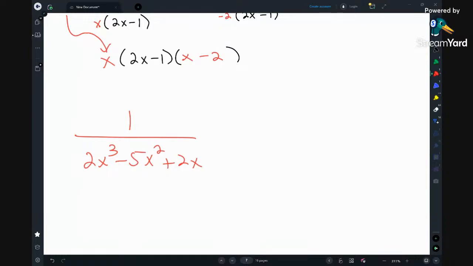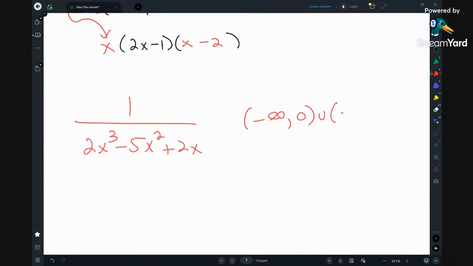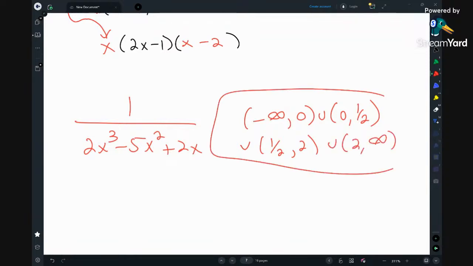And so, by the way, we would say negative infinity to 0, 0 to 1/2, 1/2 to 2, and 2 to infinity. We don't want to divide by 0. We can see those are the zeros, without a graph, but also with the graph.